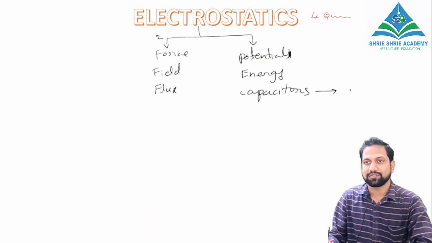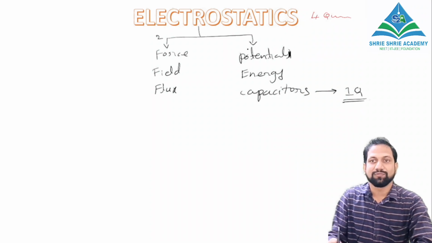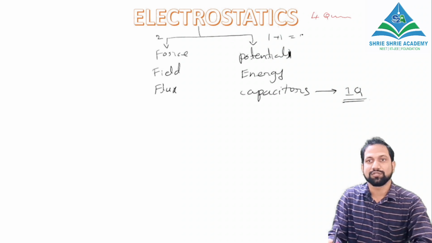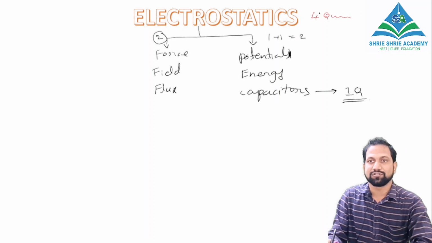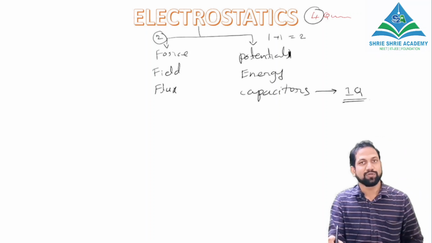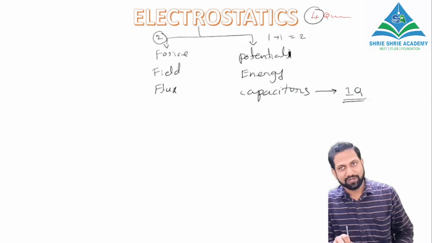Remember, from capacitors definitely one question every year, and from the potential energy and potentials topic you can get one more question. So 1 plus 1, here it is 2, and from the force and field concepts again 2 questions. So the total number of questions you can get from electrostatics will be 4 in the NEET exam.